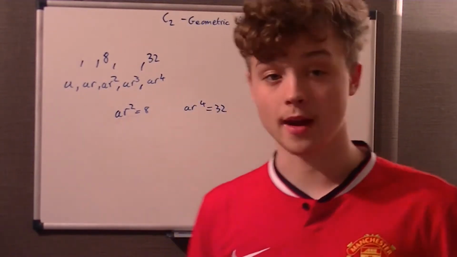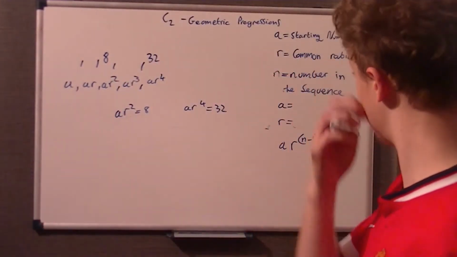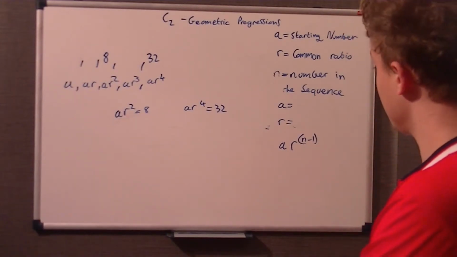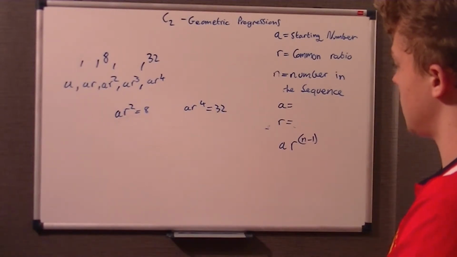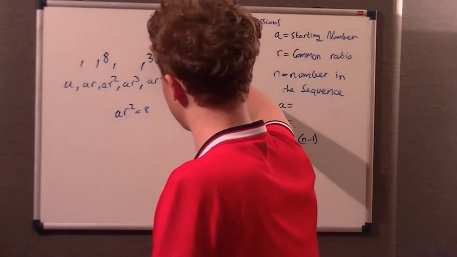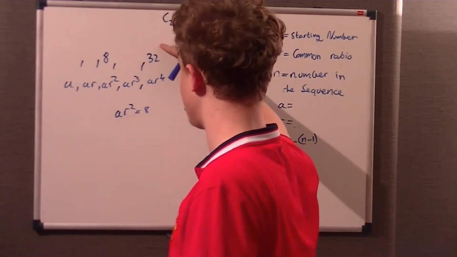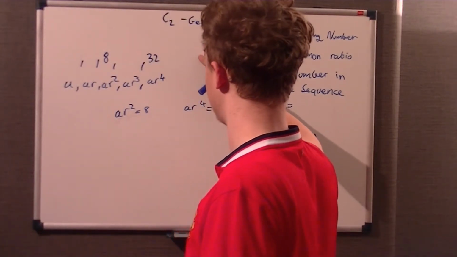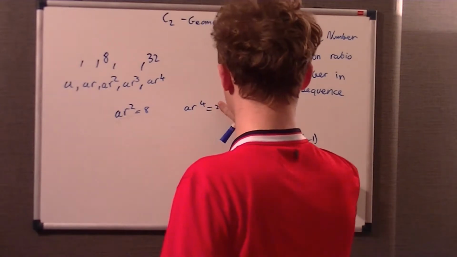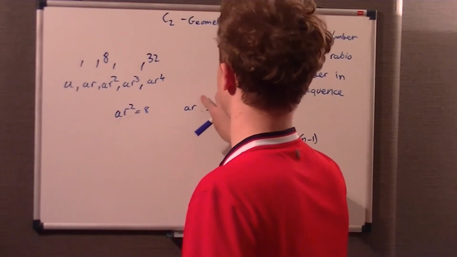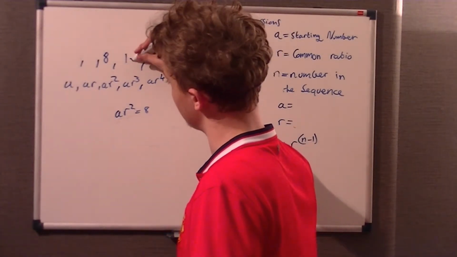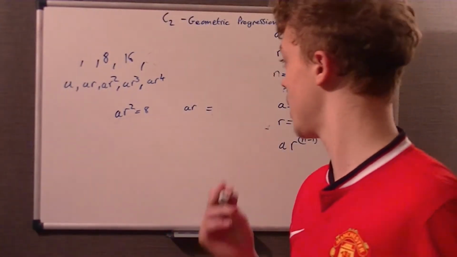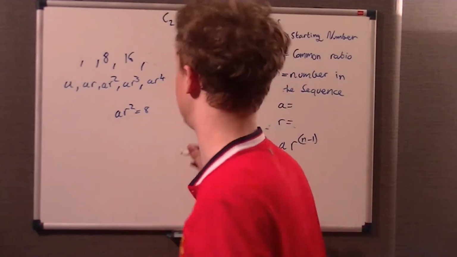Now, how can we get, actually, how is that going to work? Sorry, give me a minute. That's not going to work because I'll only get r squared. I'll give this a 16. It says find the common ratio and find the starting number as we did before.